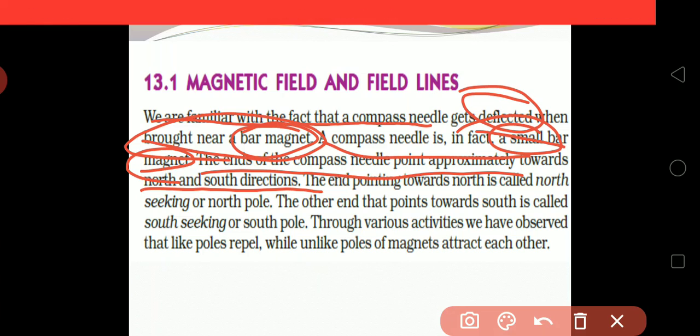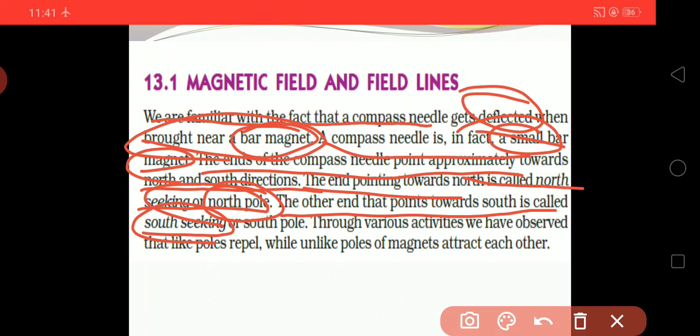The end pointing towards the north is called north seeking or the north pole, and the end pointing towards the south is called south seeking or the south pole. Once again, the end of the compass needle pointing towards the north is said to be the north pole, and the end pointing towards the south is said to be the south pole.